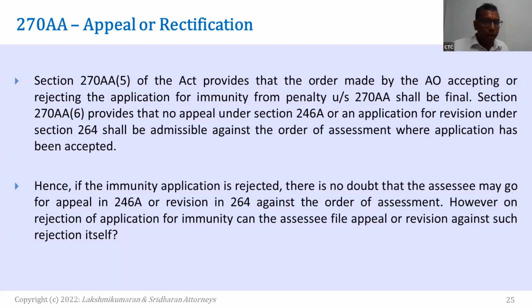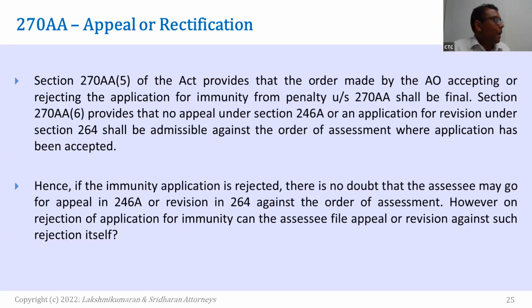This is a completely new section. Assessing officers are also not aware about it. Of course, they say, sir, we cannot do compounding. So this is a statutory compounding mechanism empowered with the assessing officer himself, which can be explored in many cases.